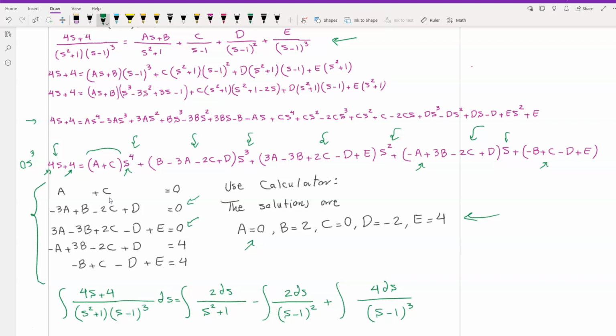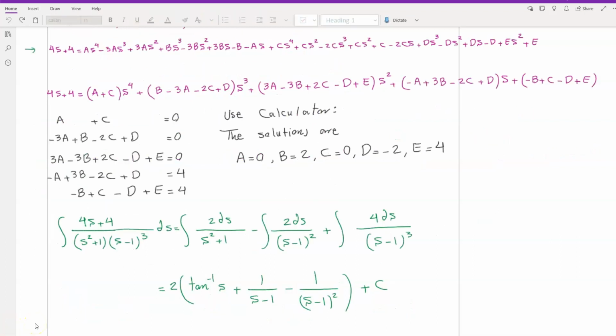A times s plus B, so we have 0 times s + 2, so this is 2. And then C is 0, so I don't have that part. Then we have plus D, and D is −2, so −2 ds divided by (s − 1)². Plus E, and E is 4, so I used 4 for E. Then integrate: the integral of 4 ds divided by (s − 1)³.